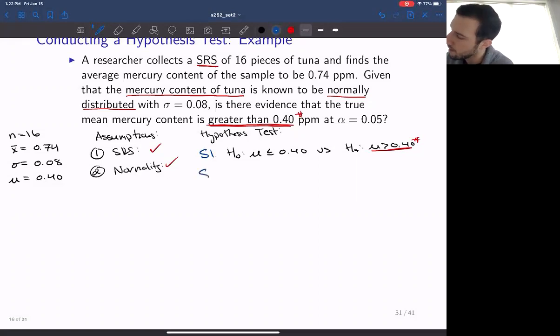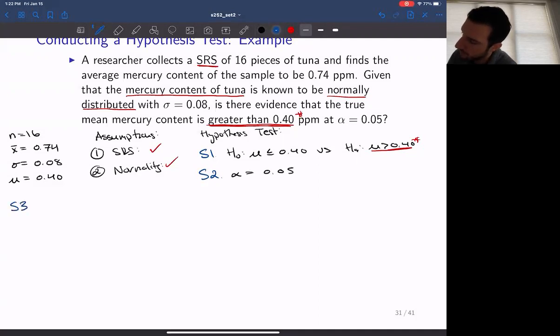All right. On step 2, we declare the significance level, which is alpha equals 0.05. On step 3, we compute our test statistic. So on step 3, we have Z equals X bar minus mu over sigma divided by the square root of n.